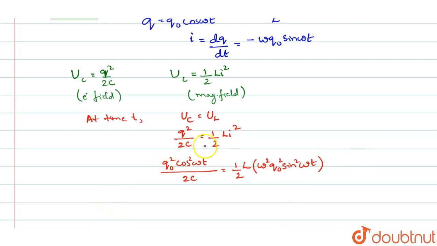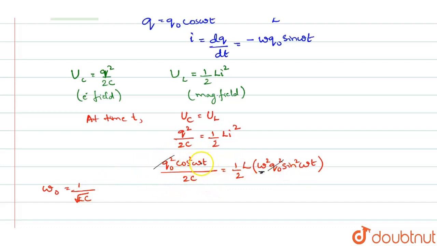Now we know that during LC oscillation, the resonant frequency omega naught is equal to 1 by root LC. Substituting this here, Q0 square gets cancelled on both sides.